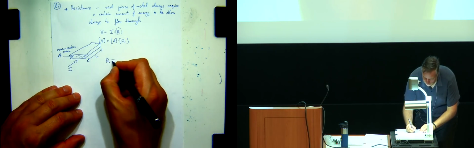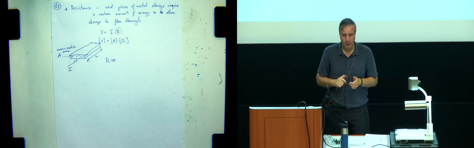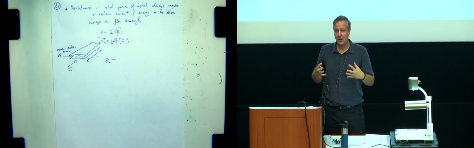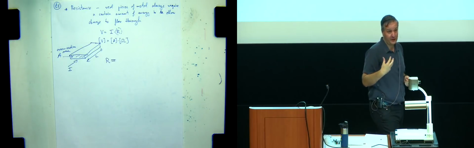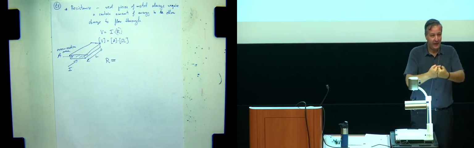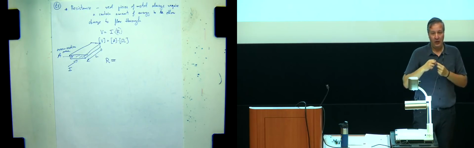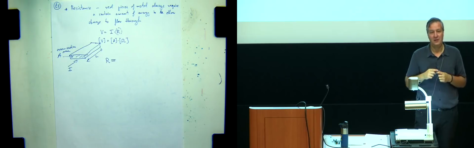So let's think a little bit about it intuitively. Going back to this analogy, what causes the resistance? The loss of energy. My charge comes into the metal, it's hitting the atoms as it's going. When will it have more chance to hit the atoms? When the metal is short or long? Long.